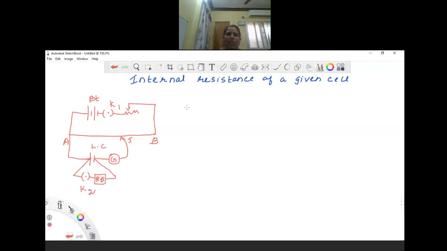So what is our initial step? We have to keep K1 closed and K2 open. K2 open means we are not including any resistance here.